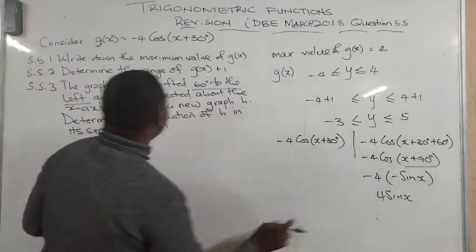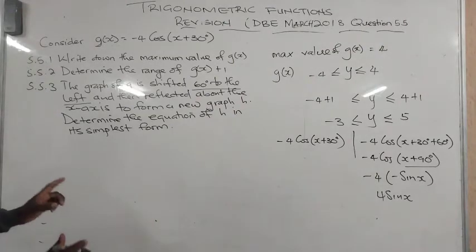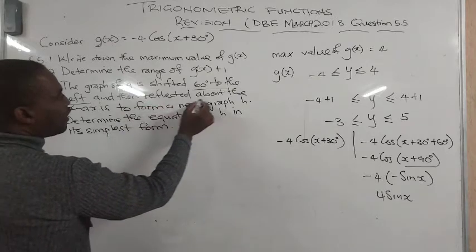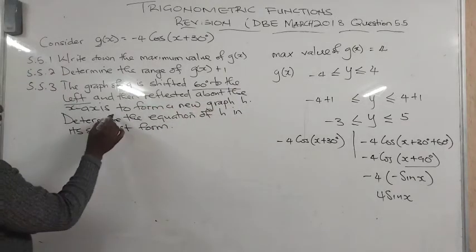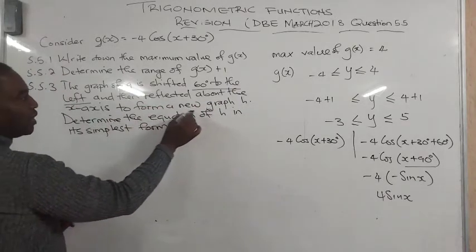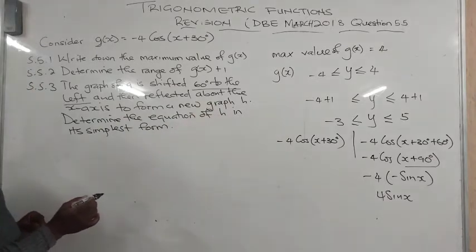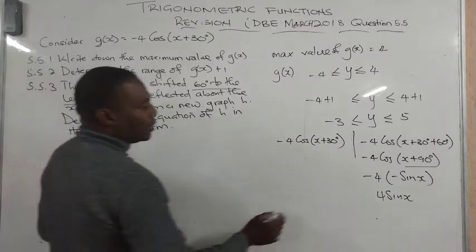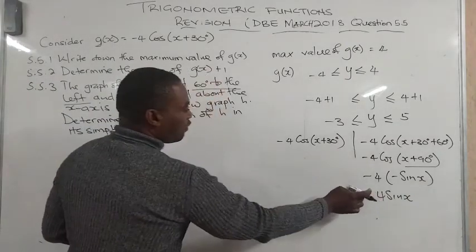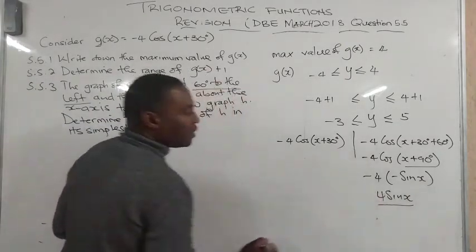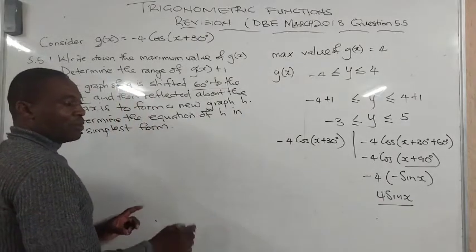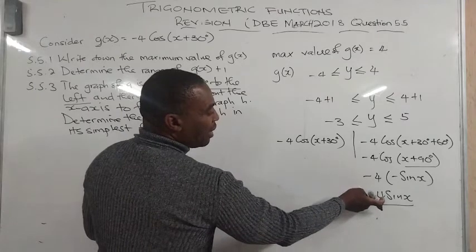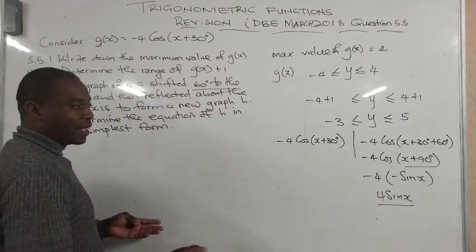And it's not all that the question requires, then reflected about the x-axis to form the new graph h. Determine the equation of h in its simplest form. So now, if we are to reflect this along the x-axis, what we are simply doing is to multiply our a by a negative.